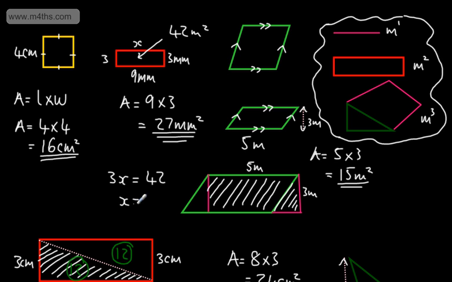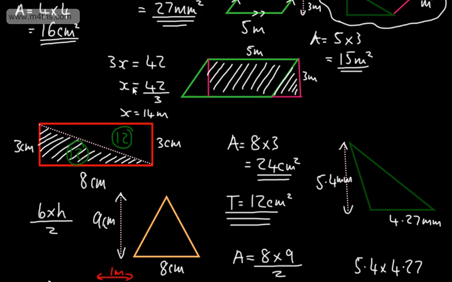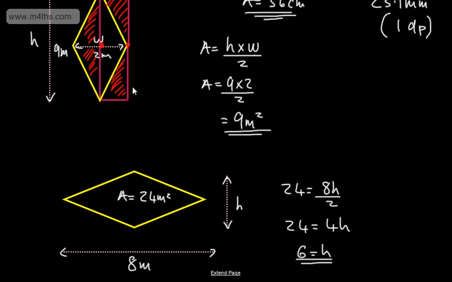So x is going to be 42 divided by 3, which is going to give us 14. So that would be now 14 meters. Another way of looking at it: what do you need to divide 42 by, or 42 divided by 3 is what? So sometimes you're just going to be working these backwards. Okay, so that's a kite.